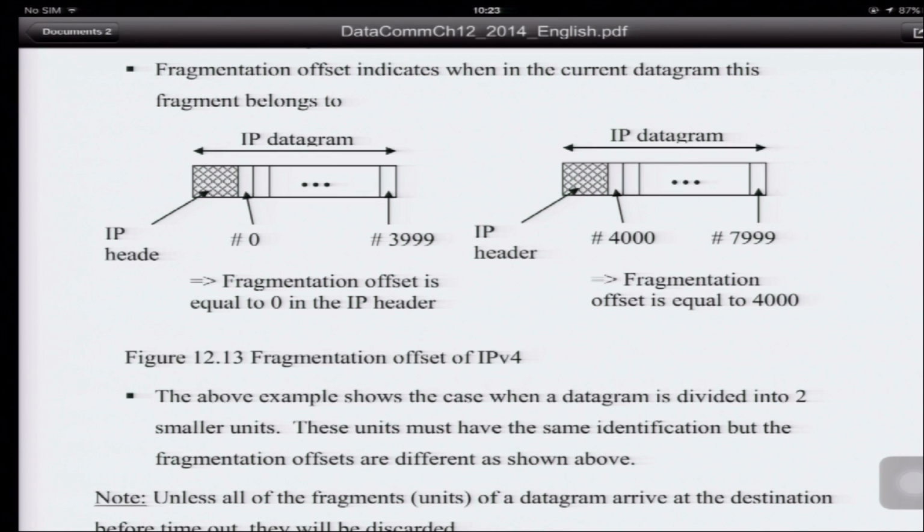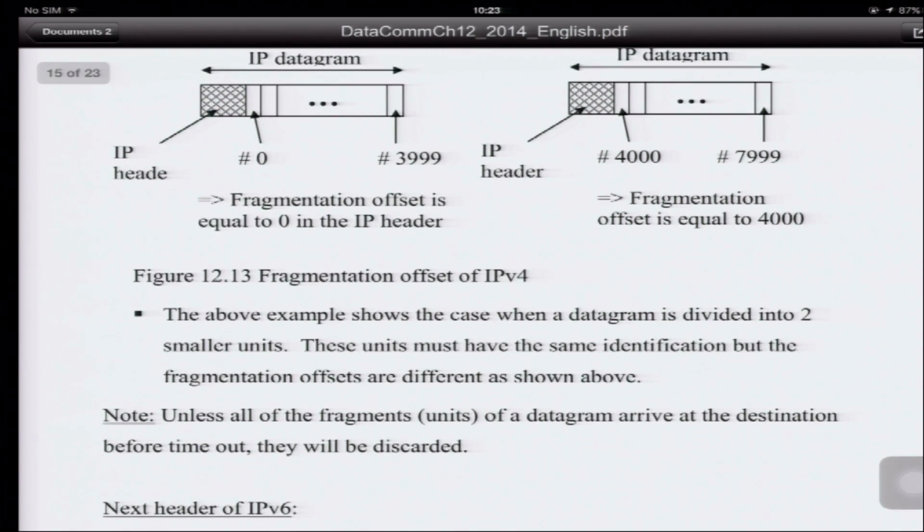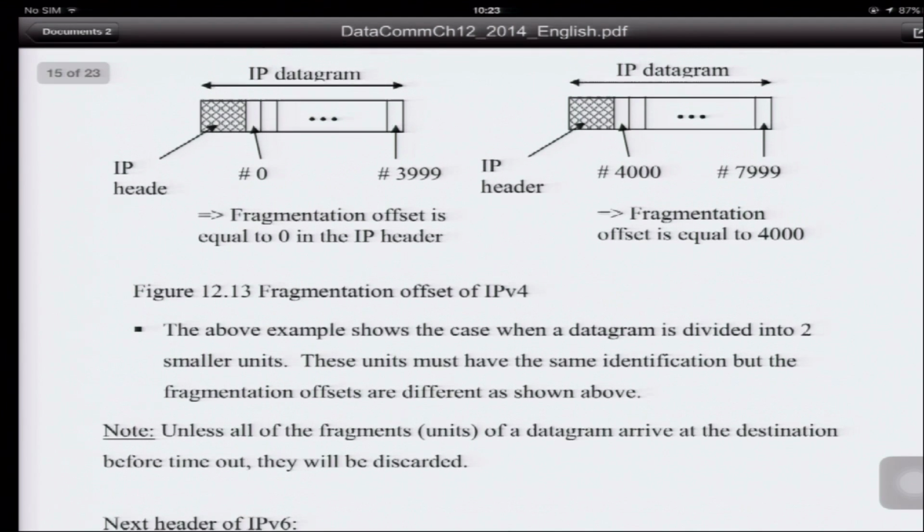So the same IP address, the same identification inside the header, but different offset, because it's a different fragment from the original datagram.